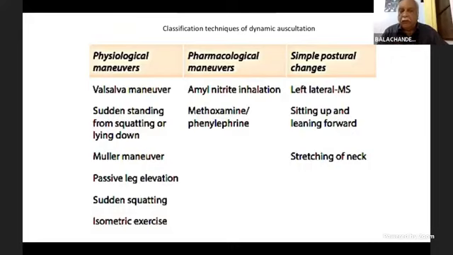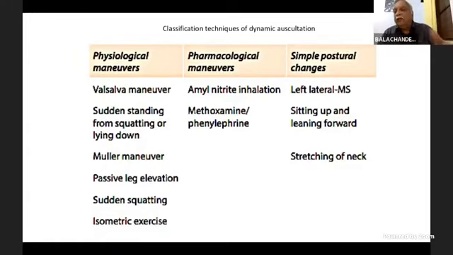It is an important maneuver. Mueller's is not so important, but some people still ask it for the sake of putting the candidate off. Passive leg elevation, sudden squatting, and isometric exercise. This is not a complete list, but the pharmacological maneuvers are hardly used nowadays: amyl nitrate or methoxamine or phenylephrine.